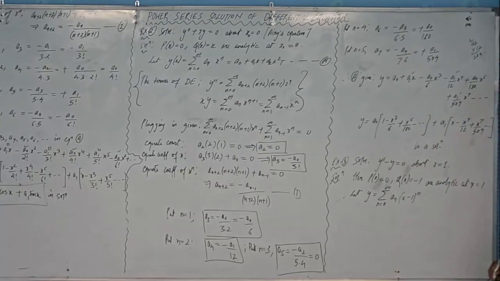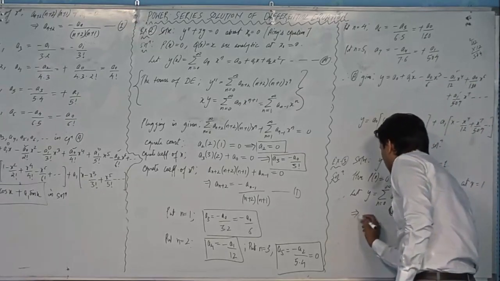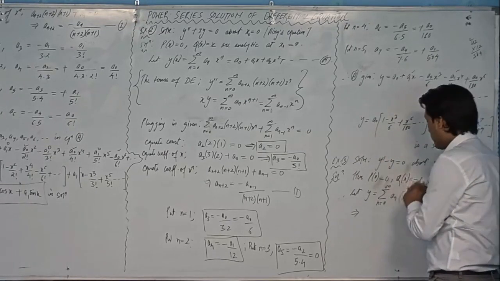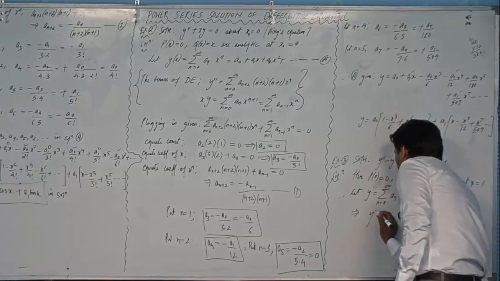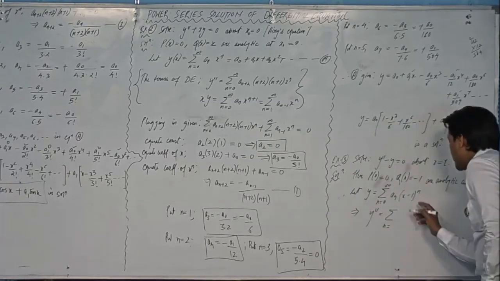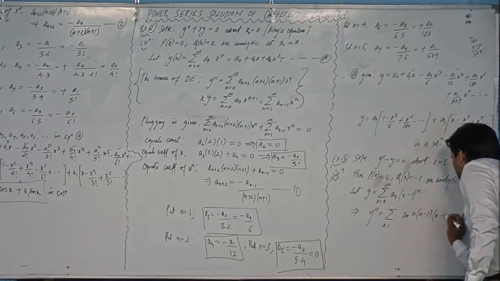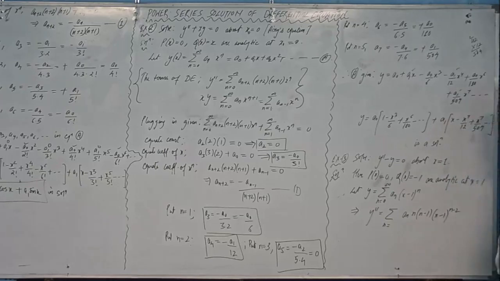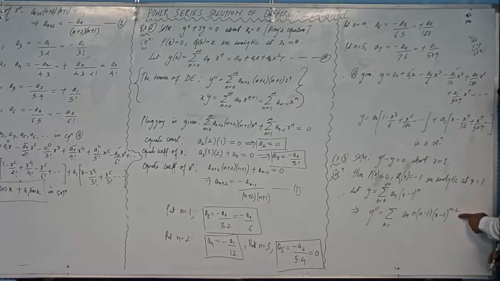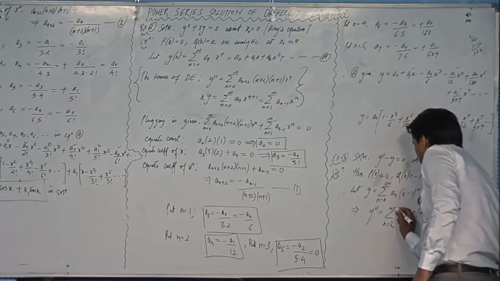right? Okay, and differentiating it twice, I will get, I'm differentiating it twice, okay, once and twice. So I will obtain y double dash and summation n equal to, I'm leaving it, that will produce a n into n minus 1 x minus 1 to the power n minus 2, right? And since it is n minus 2, so I cannot start with n equal to 0, I have to start with n equal to 2, right?